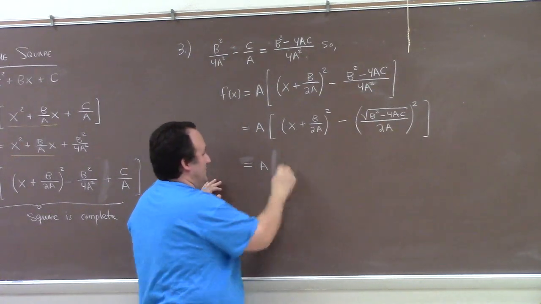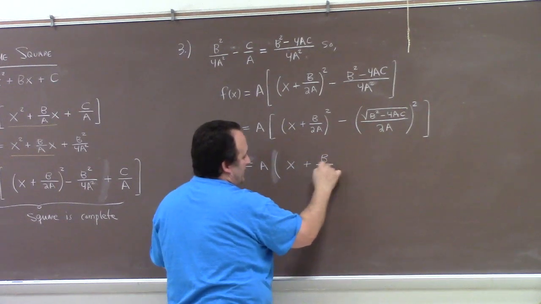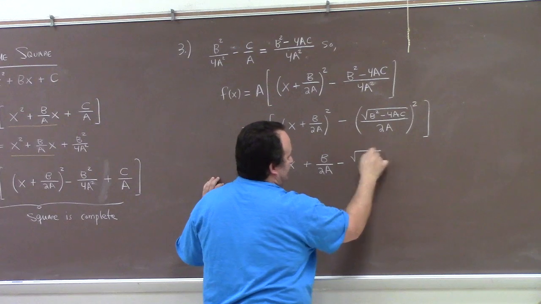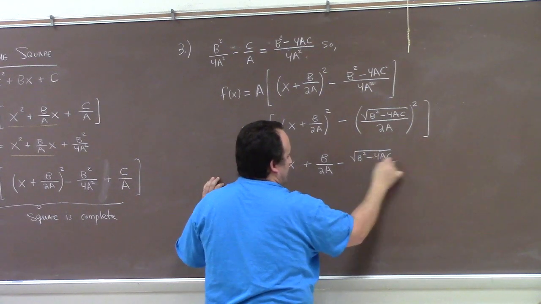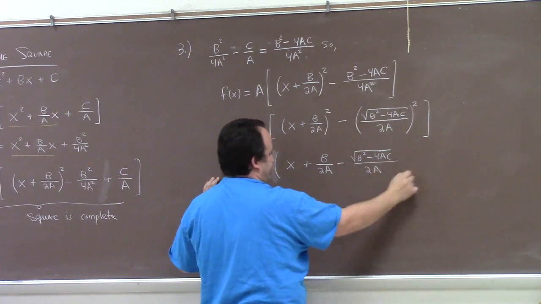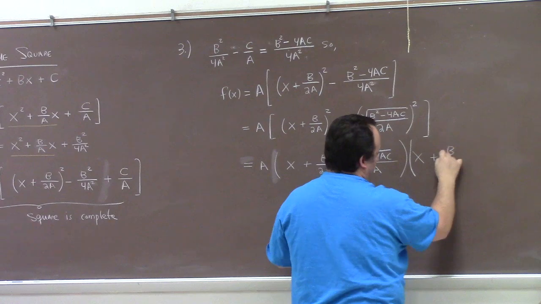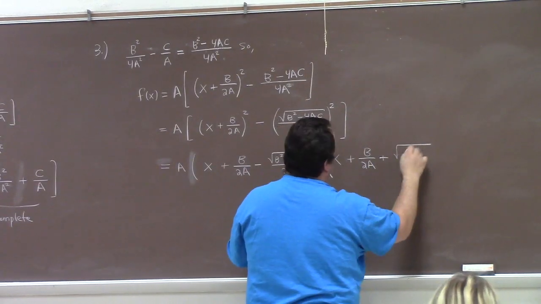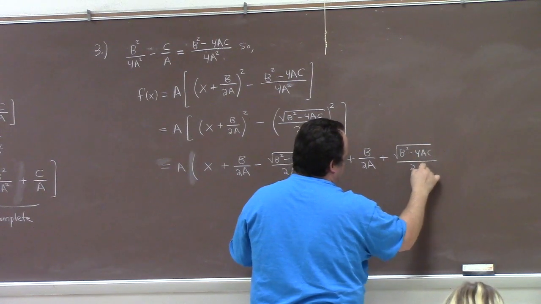Hold that thought. So this is x plus b over 2a minus the square root of b squared minus 4ac divided by 2a, times x plus b over 2a plus the square root of b squared minus 4ac divided by 2a.